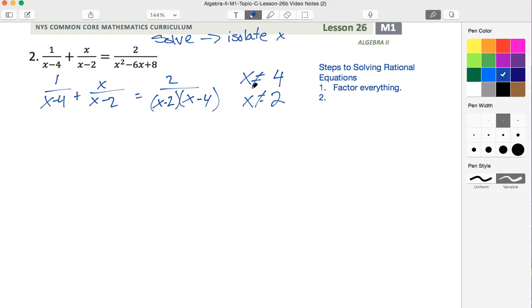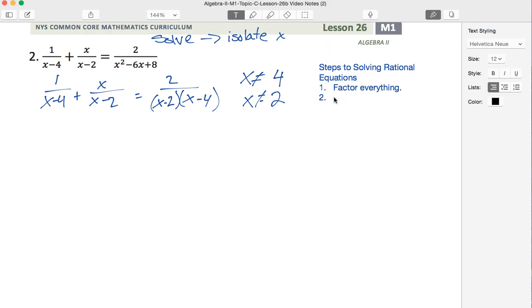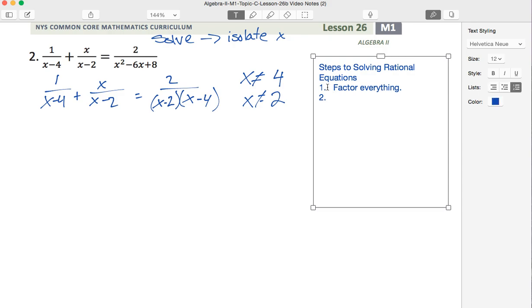In this expression, 2 and 4 cannot be in the denominator because it would make the expression undefined. Great. So, factor everything. Call out values that make the equation undefined.